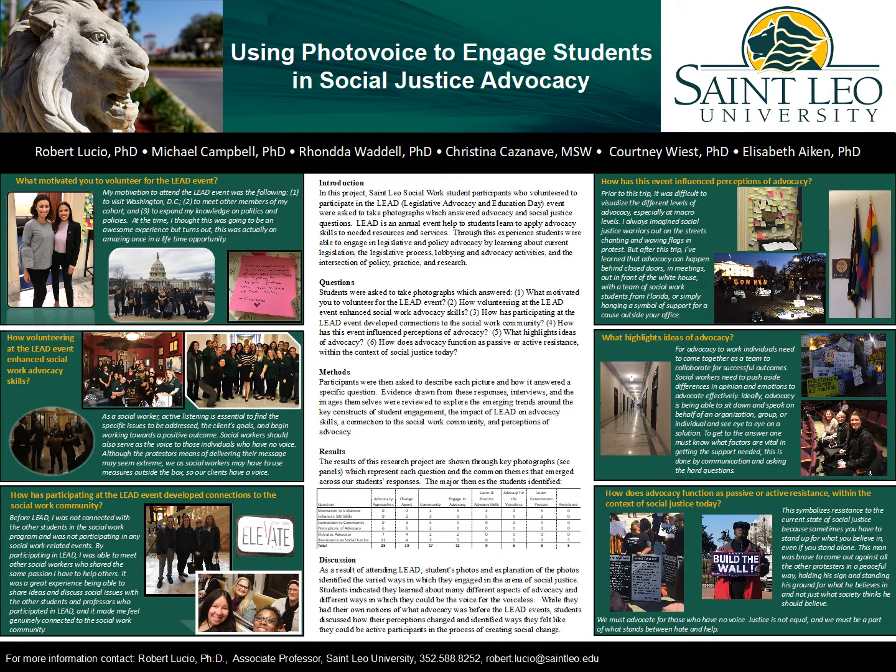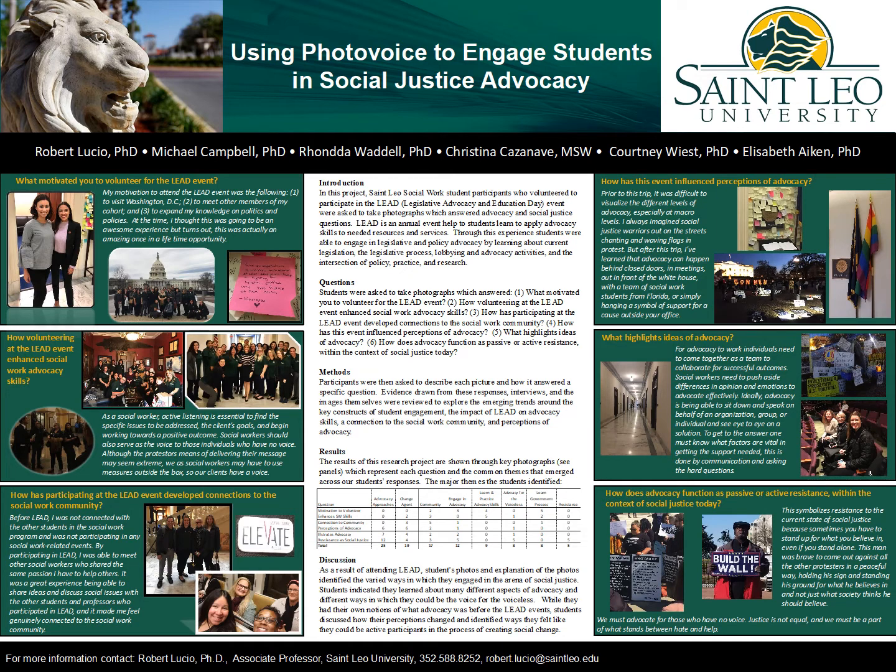They again used photos and narratives and interviews, and they identified several different themes that included motivation to volunteering, their enhanced social work skills, their connection to community and advocacy, and social justice.